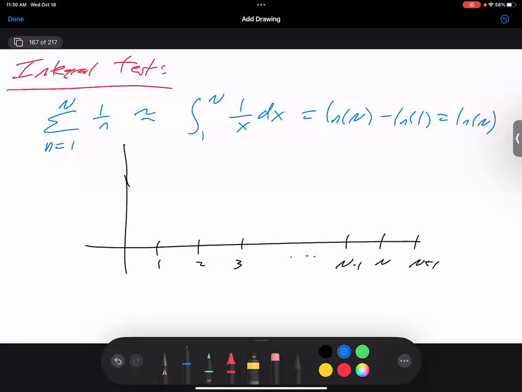And so here is 1, and then here is 1/2, and then here is 1/3. And now I try to draw the function.